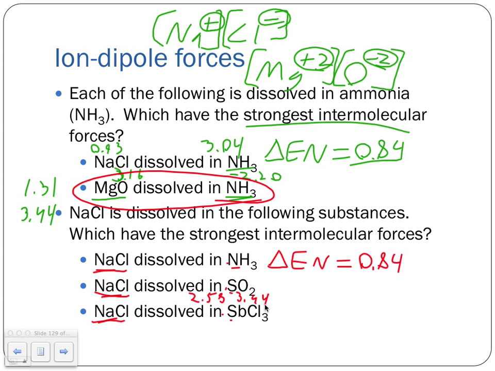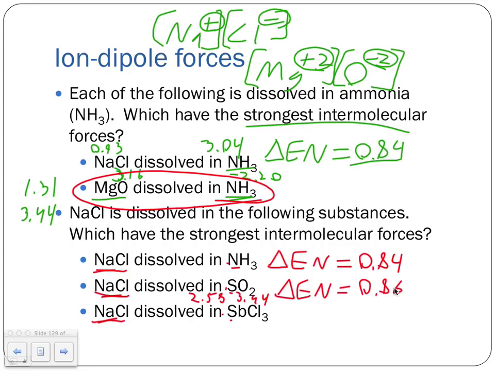That's not ionic, and it's bigger than 0.4 difference in electronegativity, so it is polar. So we'll do 3.44 minus 2.58, which gives us an electronegativity difference of 0.86. That's our difference in those two. Not a whole lot of difference between those two guys.